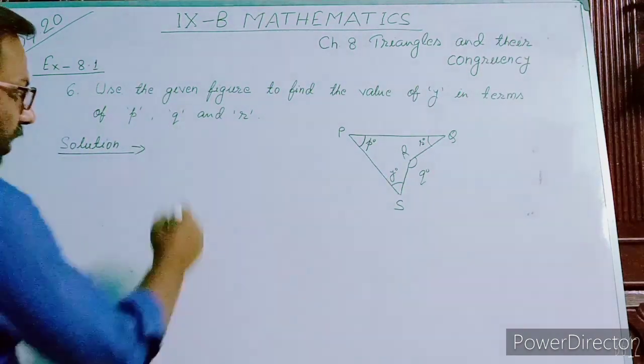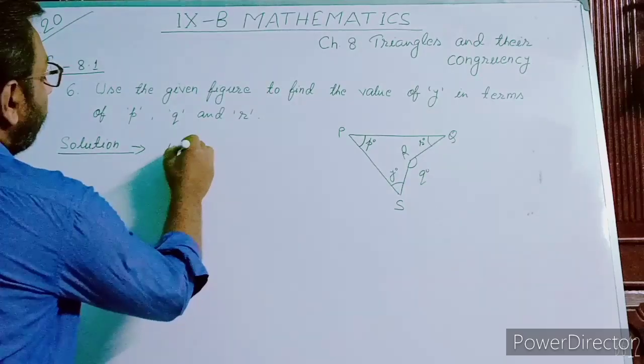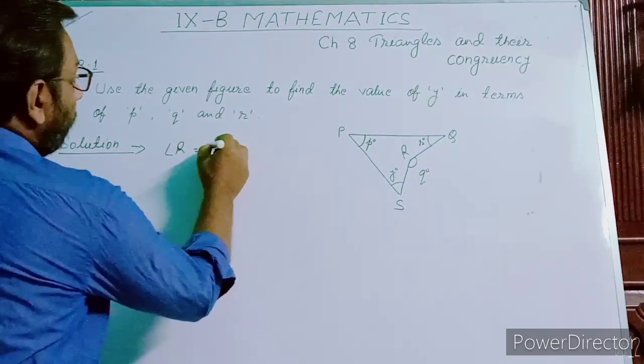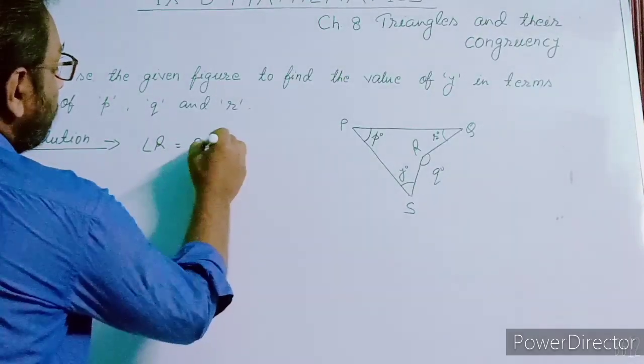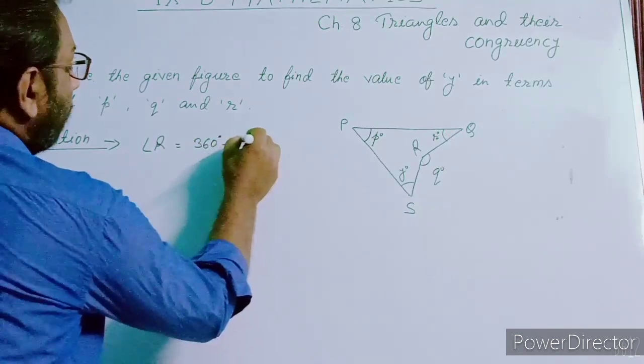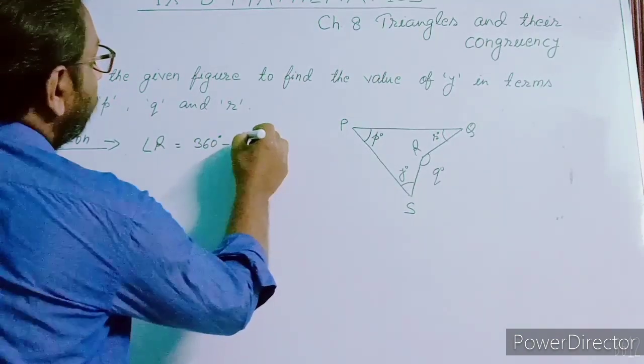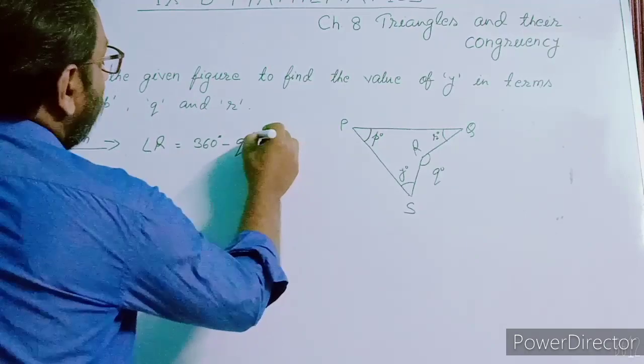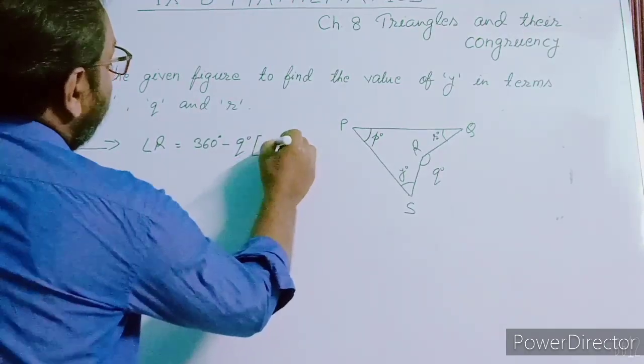First of all, we find the angle R. Angle R equal to 360 degree minus Q. Reason is complete angle.